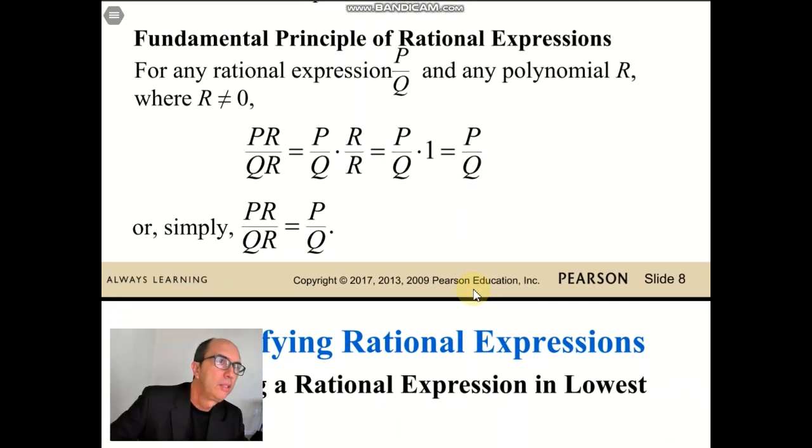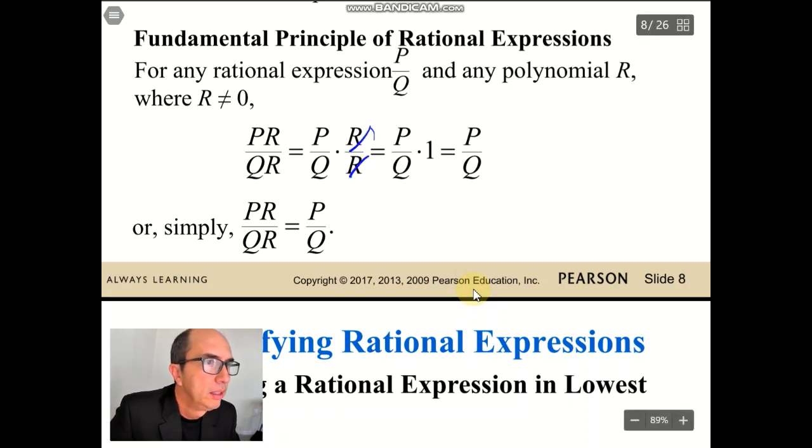And the fundamental principle of rational expressions is that for any rational expression p over q and any polynomial r, where r is different from 0, p multiplied by r over q multiplied by r is equal to p over q times r over r, and then you can simplify. r divided by r equals 1, and then you have something simpler. It's just p over q.